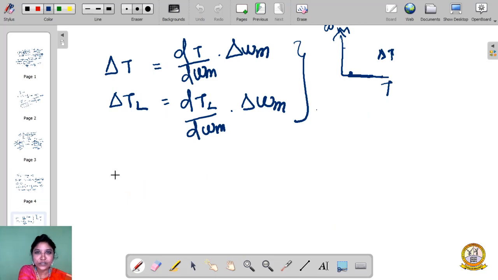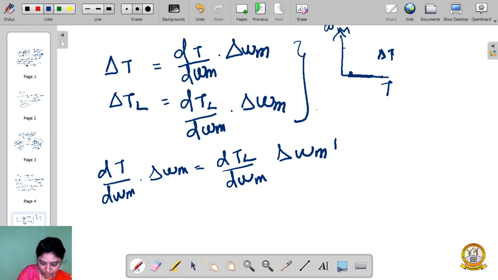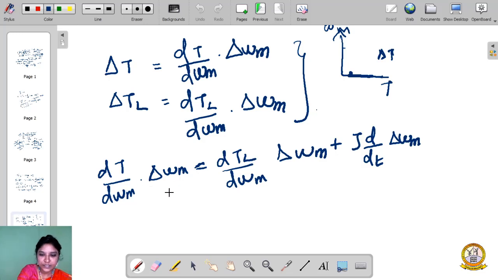So what happens to equation 3? We substitute this in equation 3 and we get this equation now.